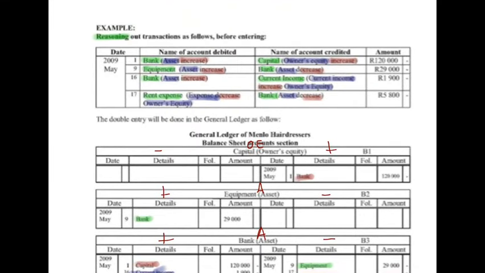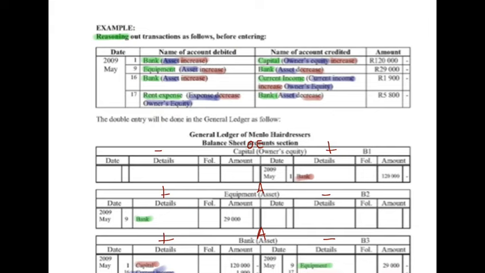Now remember, bank needs to pay the money. So therefore bank is an asset that decreases, and this happens on the credit side. Then it makes sense that rent expense, which is an owner's equity account, should be on the debit side, because what happens to owner's equity on the debit side? It decreases.